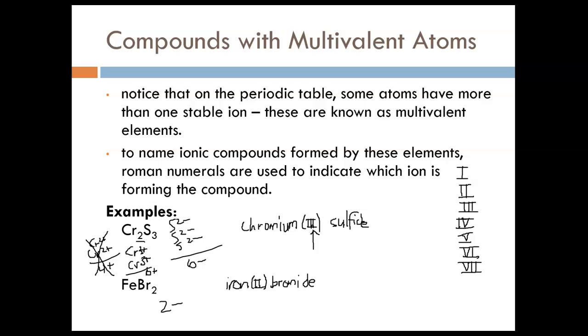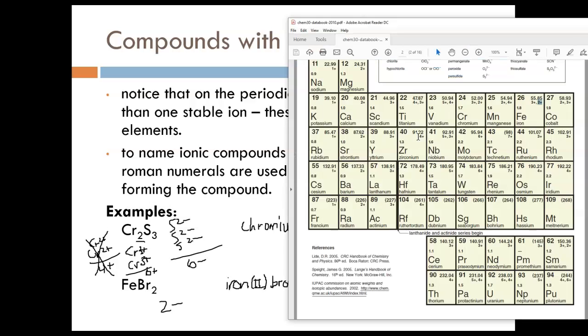Now, before we leave this and move on to the polyatomic ions, just to remind you that the only time you will use Roman numerals is when your metal is multivalent. So when you're using something like titanium or vanadium or chromium or manganese or iron. All of these ones over here and elsewhere that only have one version of the ion are not multivalent.